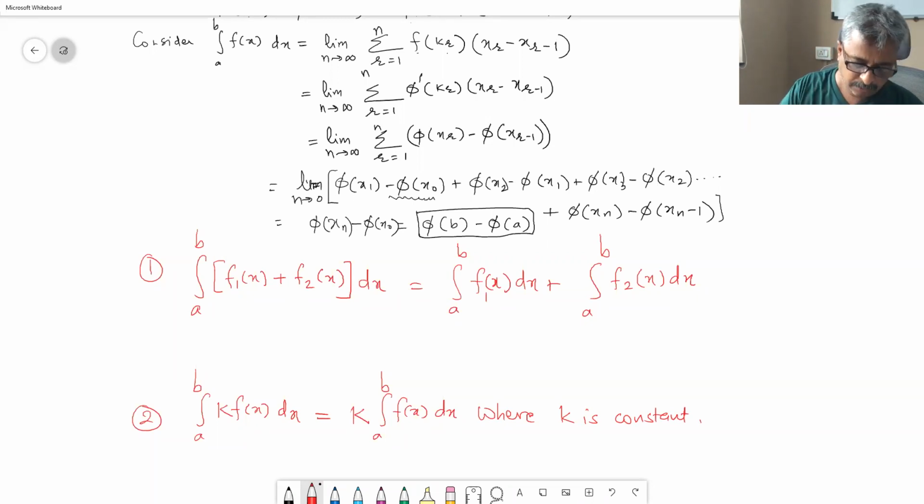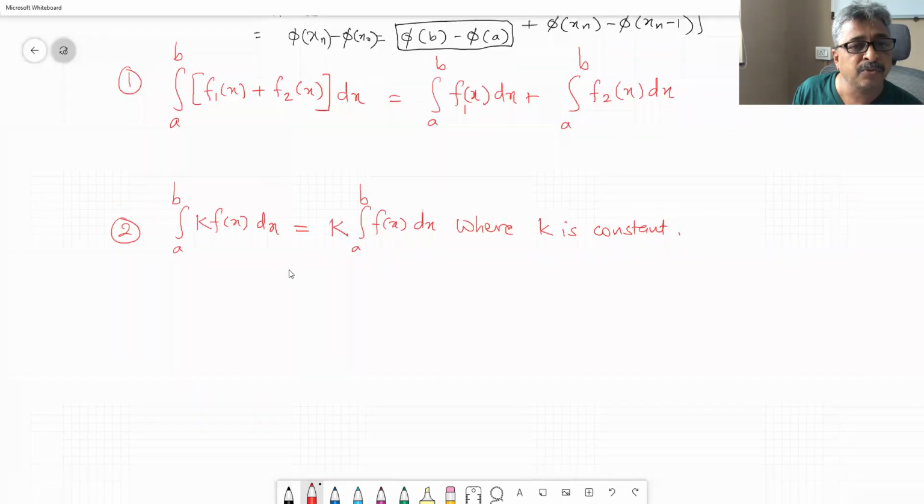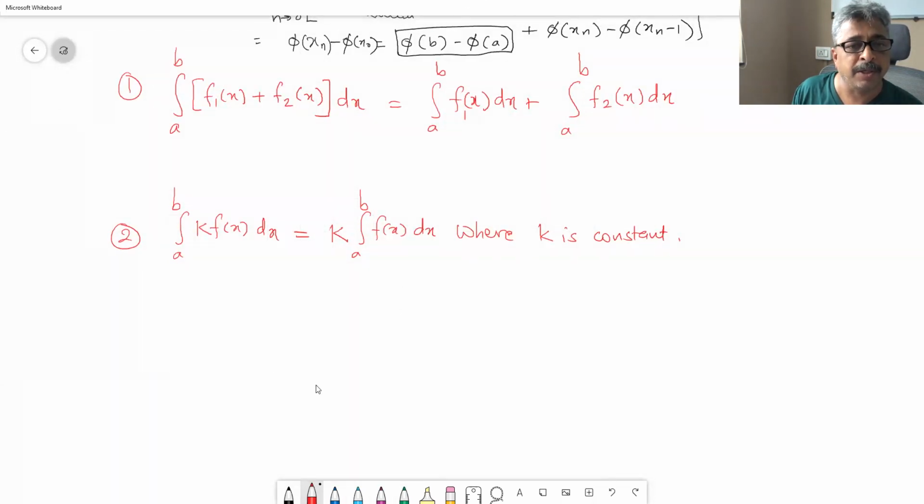Property number 3. I mean, if first one takes 2 minutes, this should take 1 minute. First one takes 4 minutes, this should take 2 minutes.